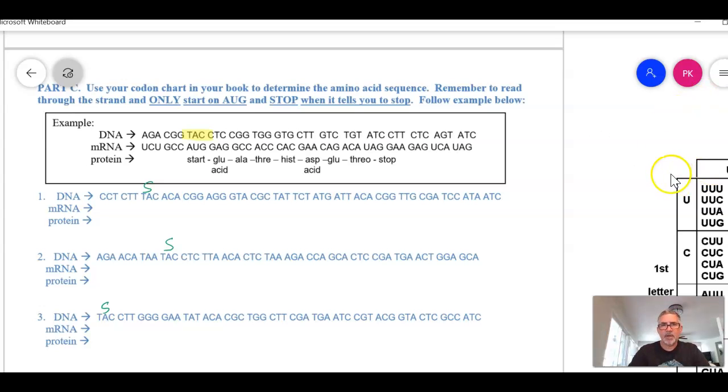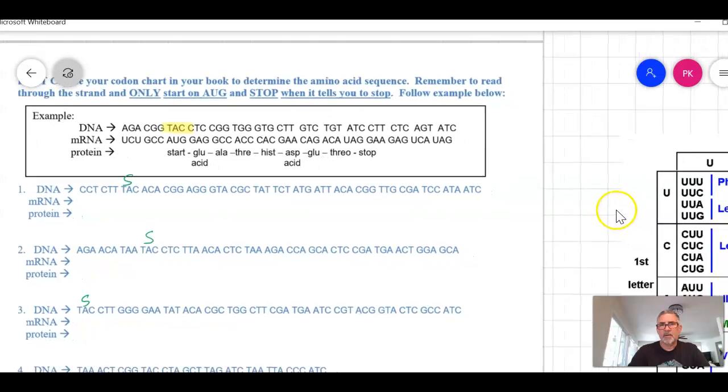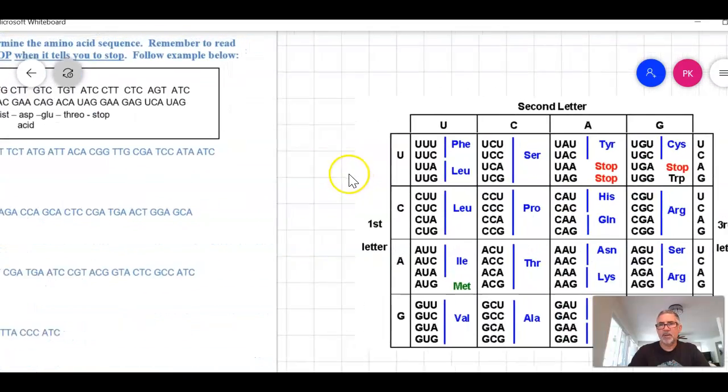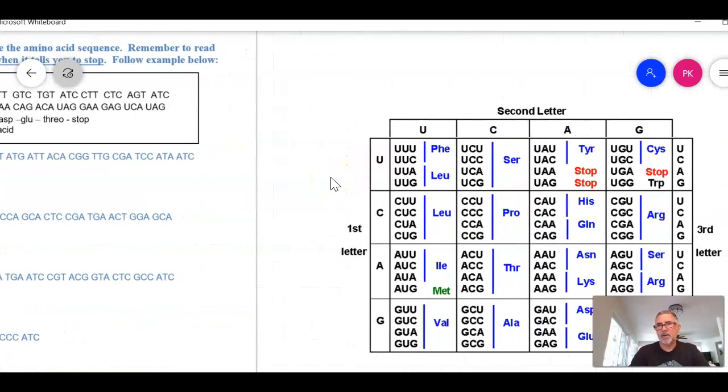My stop codons, right? So my stop codons, remember if we have our codon chart here, I got UAA here, I got UAG, I got UGA, right? So if I was going to write those as template strands, I would have ATT, right?